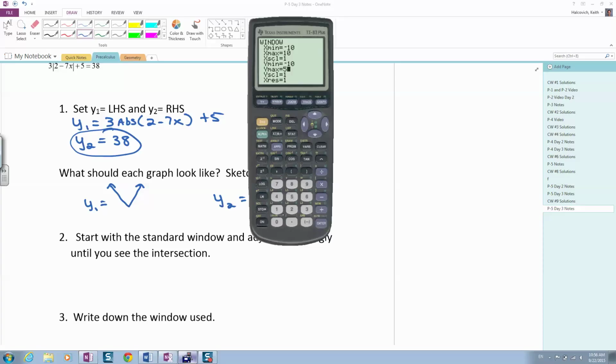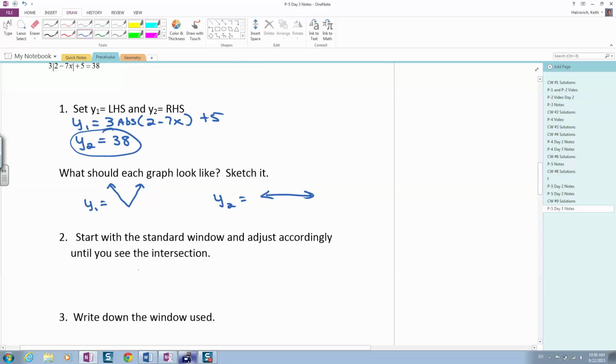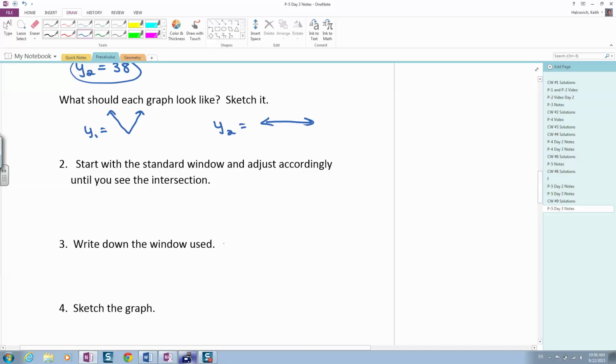We'll make it 50 just for the purpose of this. And notice you have your V, and then you have your straight line. So now everything shows up. So our domain is negative 10 to 10. Our range is negative 10 to 50.